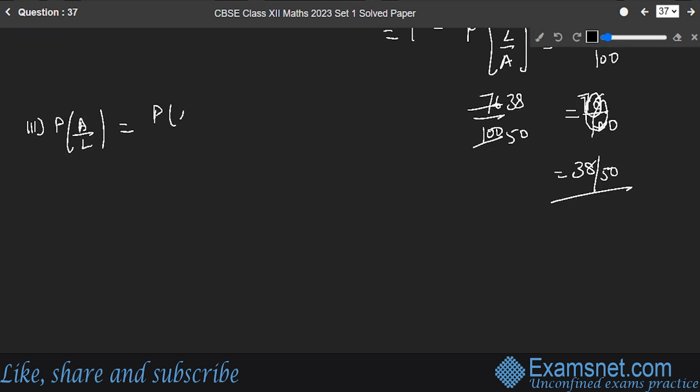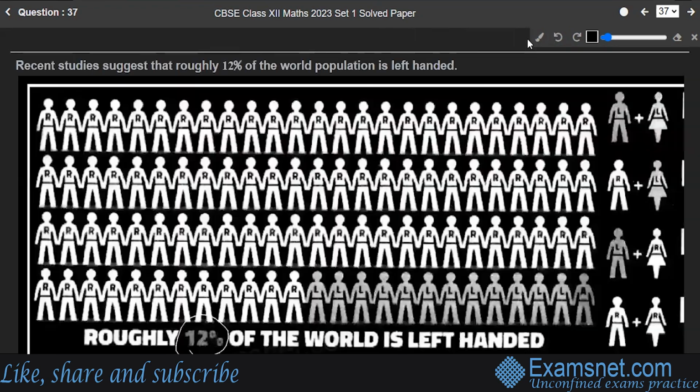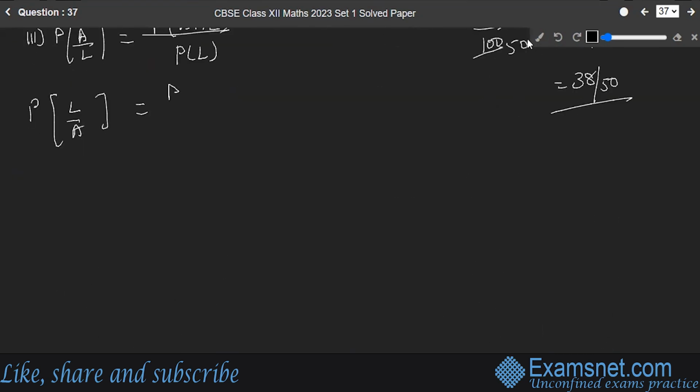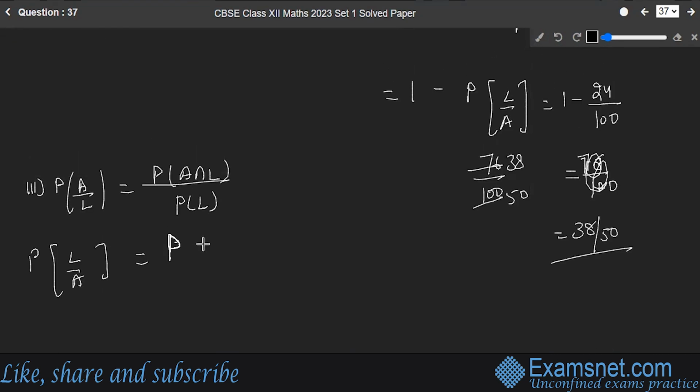This is given by P(A intersection L) divided by P(L). But you have P(L|A), that is equal to P(A intersection L) upon P(A).